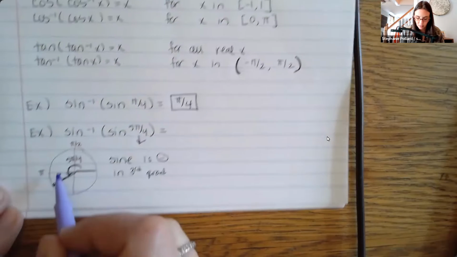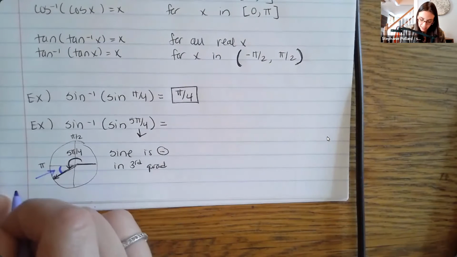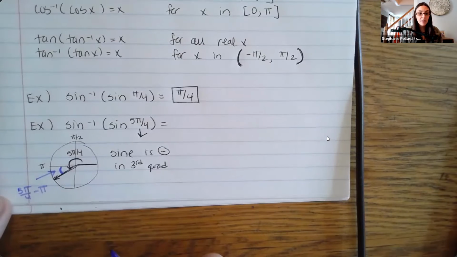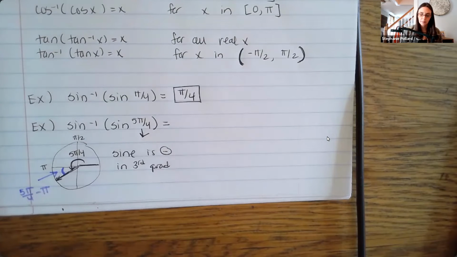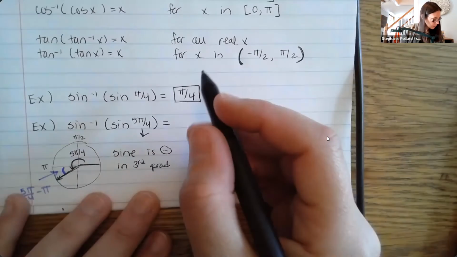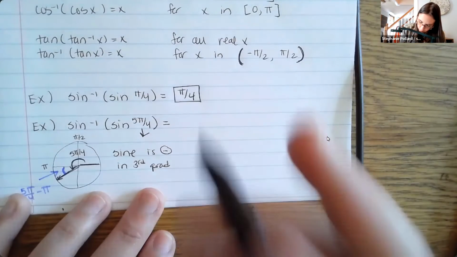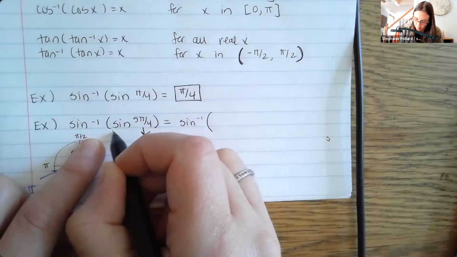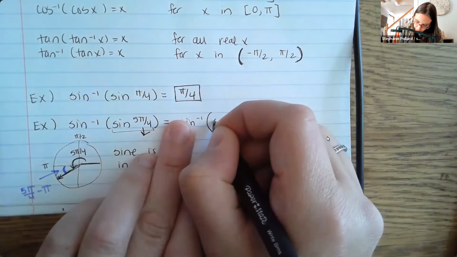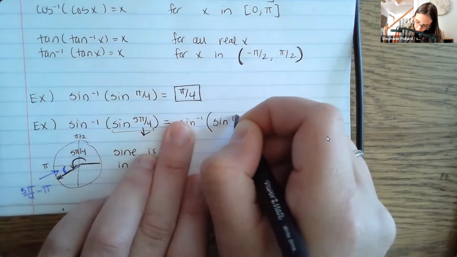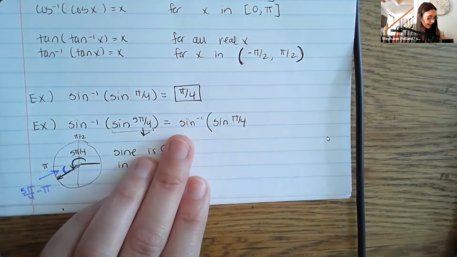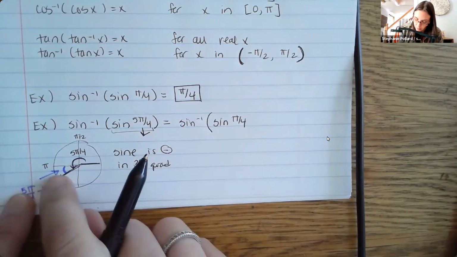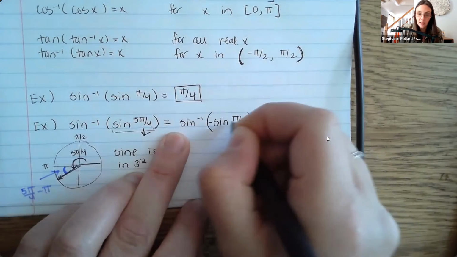For that reference angle, I take 5 pi over 4 and subtract out pi, and you're left with just pi over 4. So this piece becomes sine of pi over 4, but do remember that it's negative because we were in the third quadrant.